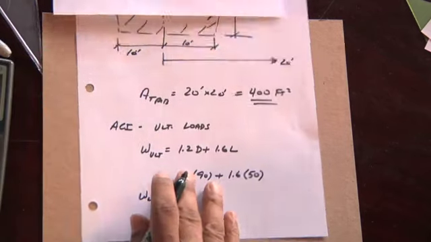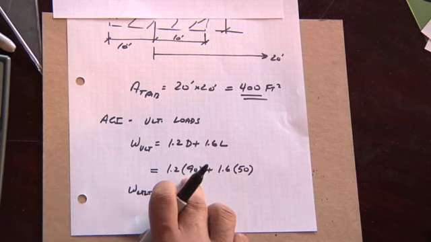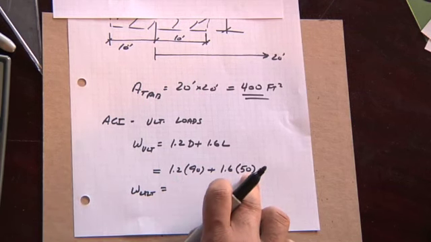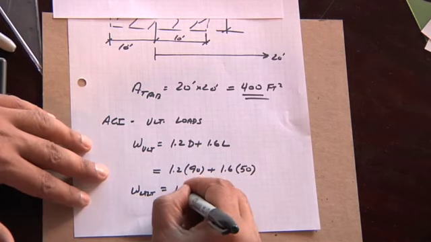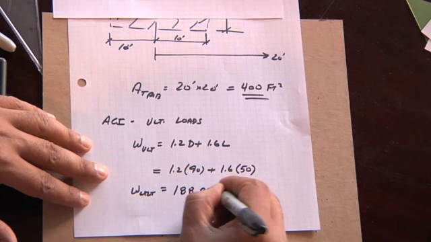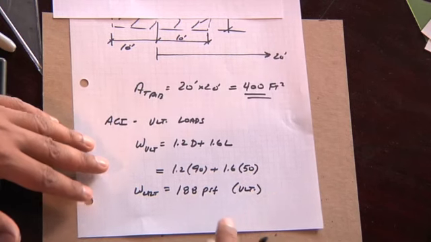Excuse me, I did not do that correctly at first, let's try that again. 1.2 times 90 plus 1.6 times 50, and the answer is 188 PSF ultimate load.